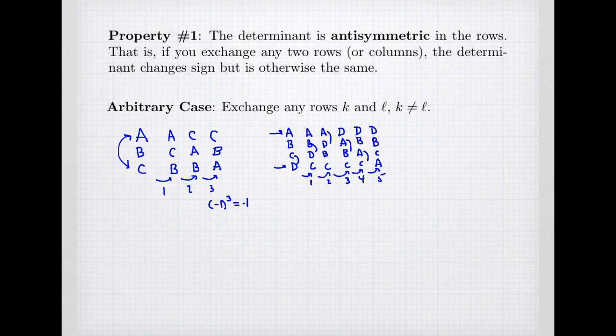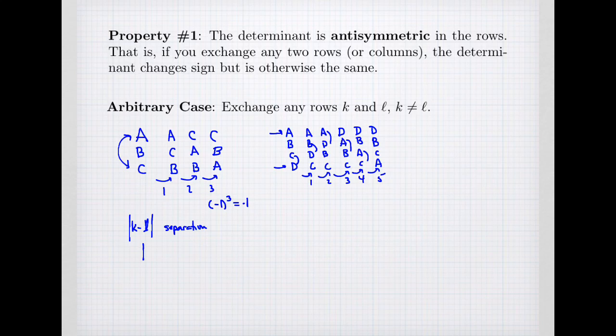Well, in general, I'm always going to have this. Let's call the rows k and L, and k minus L, that's my separation. And let's put it in absolute values because we don't know if k or L is on top. That's my separation. It's going to take |k minus L| swaps to put the bottom all the way to the top.